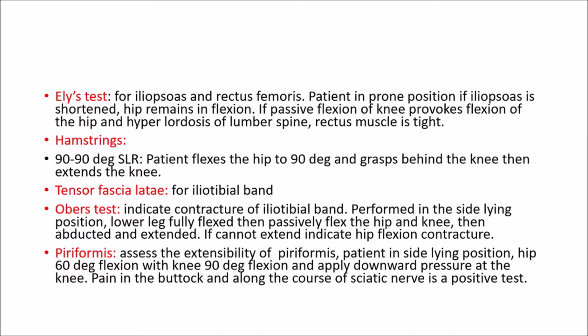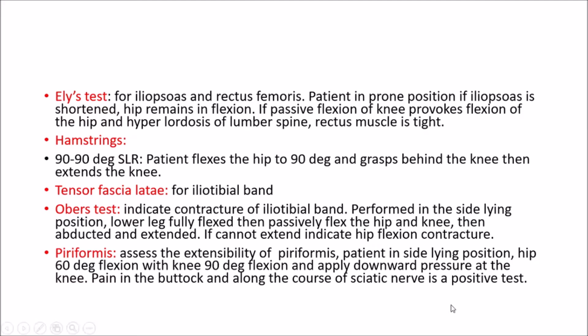The patient will be supine and flexed at the hip, and the examiner will grasp the knee from behind with both hands and extend the knee to the available range. If the patient does not come within 20 degrees of full extension, this indicates that there is hamstring tightness and is a positive test.